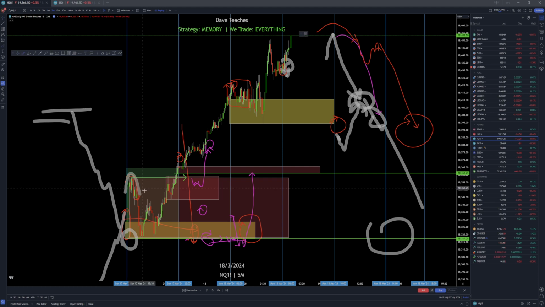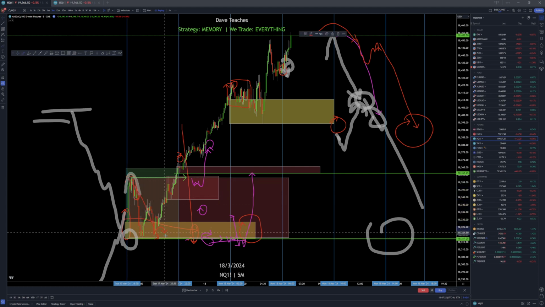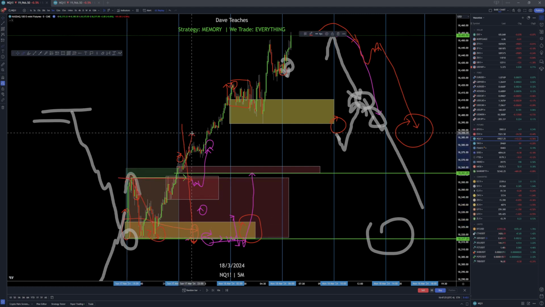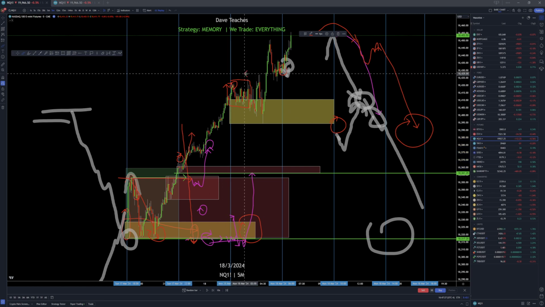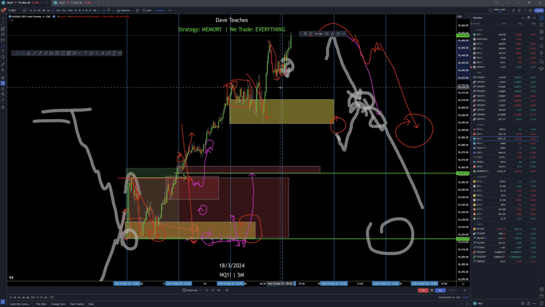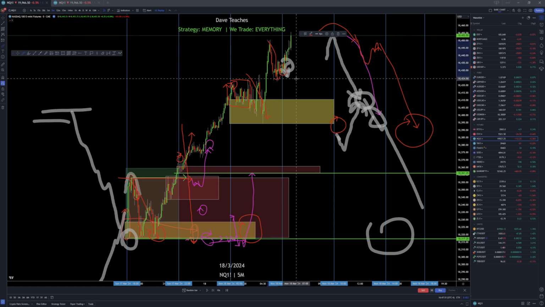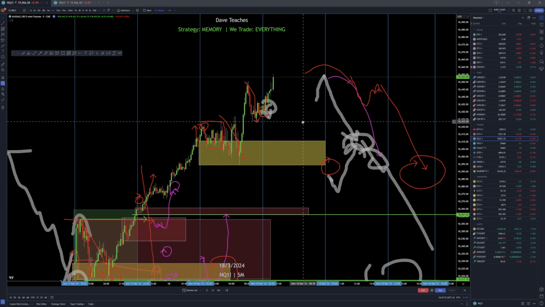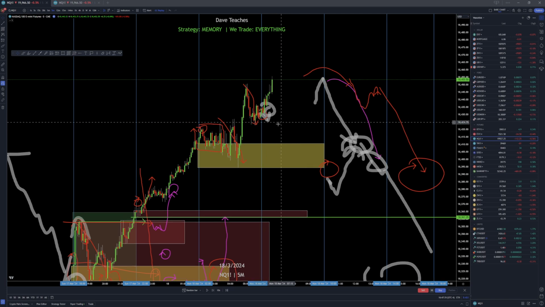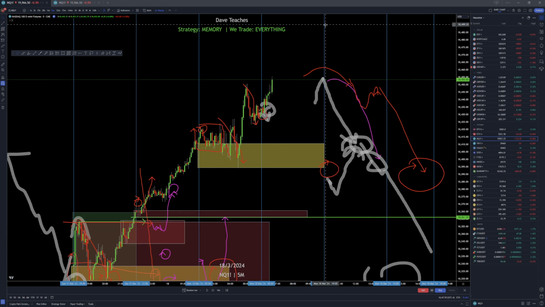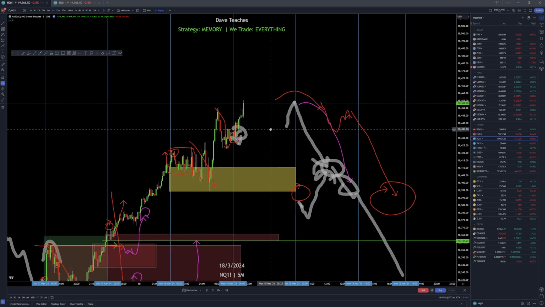Now if we count, we have that there, right, as 1, and we break up above, right? We have that there as 2, we have that there as 3. This is why I say that your other things still come with you on this, the stuff that you're trading.